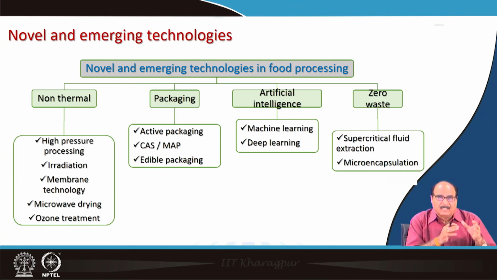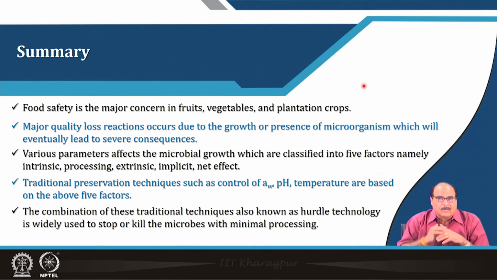In fact, some of these processes we will take up in the next classes to come. Okay. So, I will now summarize this lecture by saying that food safety is an important and major concern in fruits, vegetables and plantation crops.